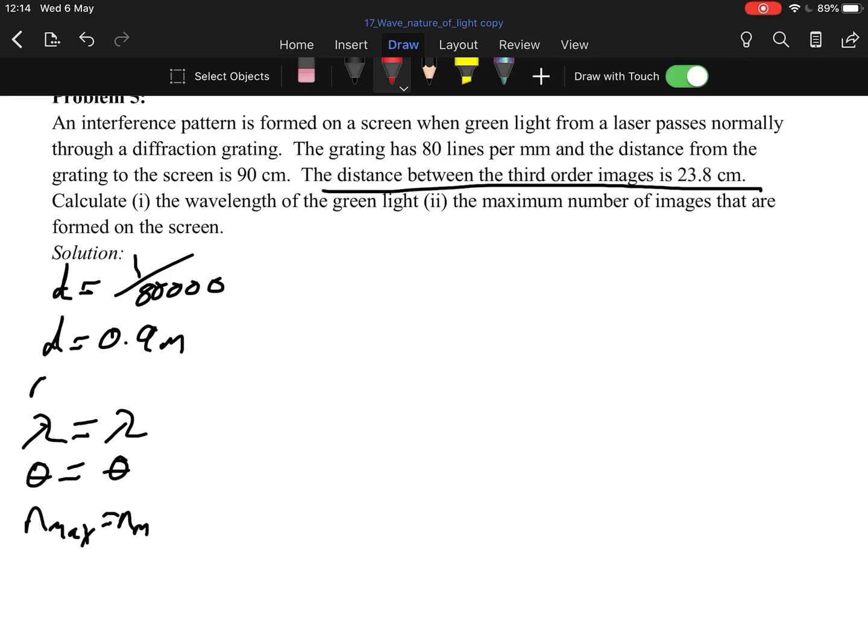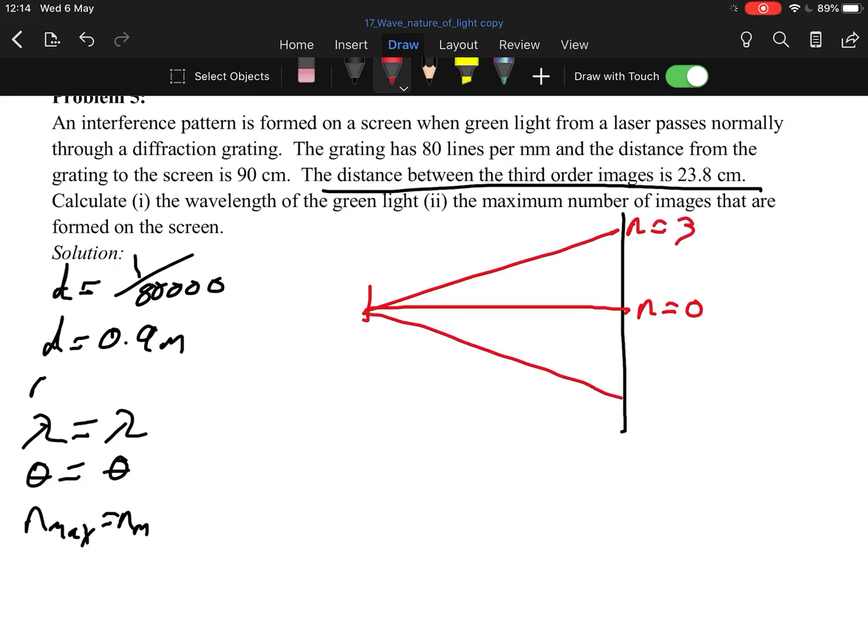Right, so what do we have? We draw this out before I figure out what I'm going to do here. Draw your diffraction grating, draw your screen, draw the light hitting, and then we'll finish it off, n equals 3. Now the distance between these two is 0.238 meters.